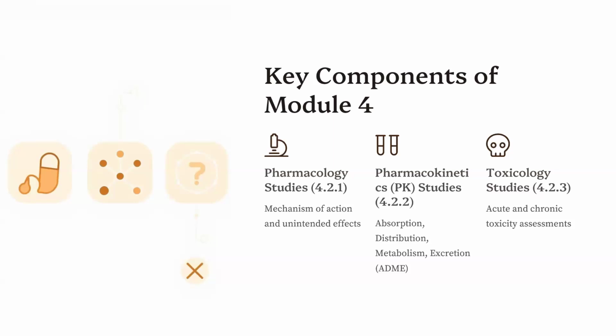Then comes your toxicology studies, referred to as 4.2.3, and this talks about acute and chronic toxicity assessments, which is covered under single dose toxicity, also known as acute toxicity. There's repeat dose toxicity, which is a 14 to 90 day study to find NOAEL, which is referred to as no observed adverse effect level.